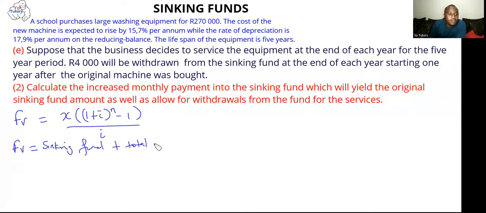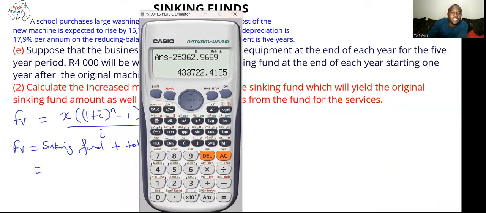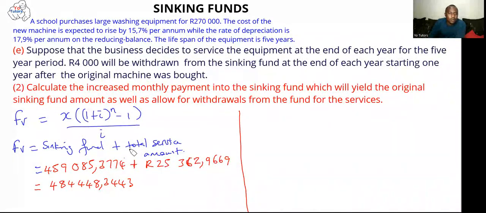So let's just write down the values there. So what are we doing here? The amount that was used for services is 25,362, and also the sinking fund that is needed to buy the new machine is 459. We add the two, then we get 484. So this is the amount that we must have.